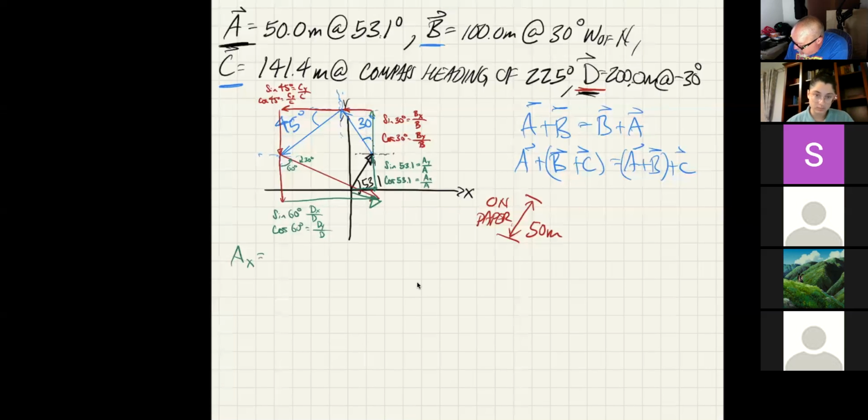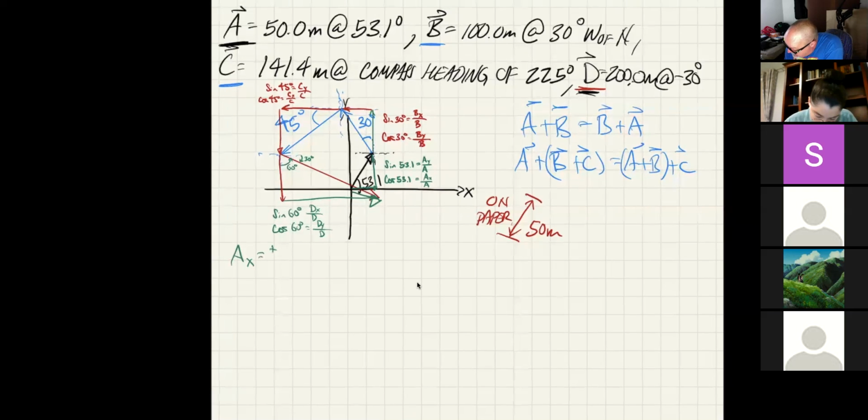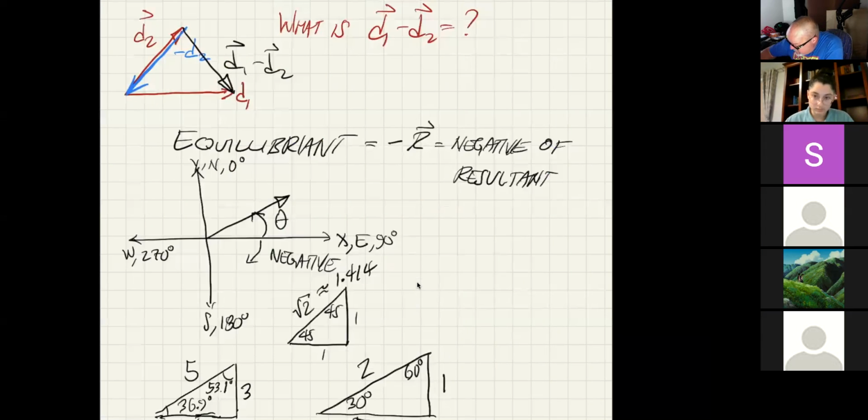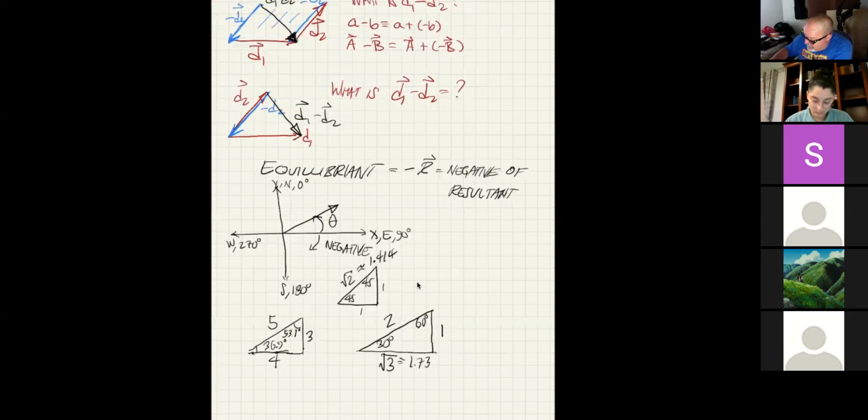Okay. So I'm going to say A_x, which we discovered was positive, so I force a positive there. Clearly A_x is going to be A times cosine of theta, that's 50.0 meters times cosine 53.1 degrees. But you remember cosine of 53.1, if you see that, that's 3/5, right?